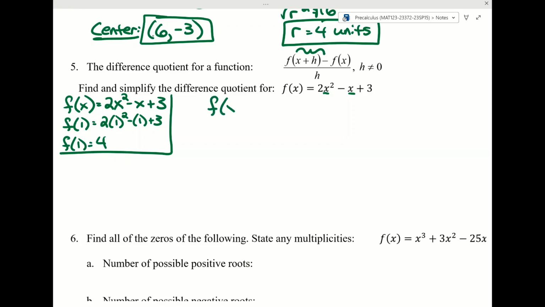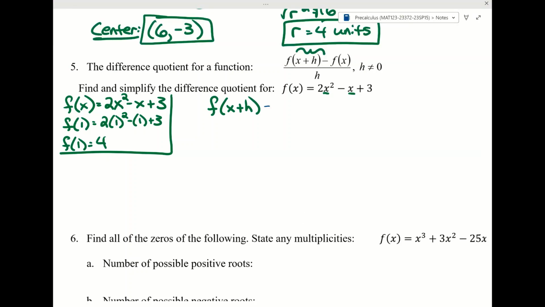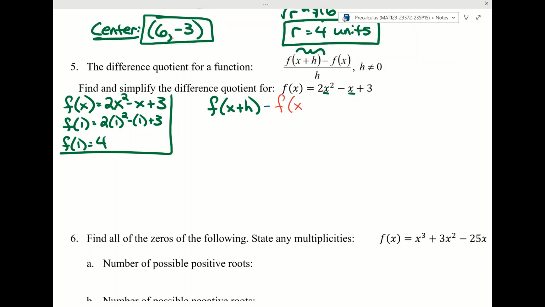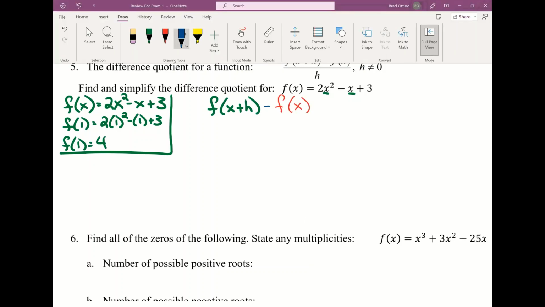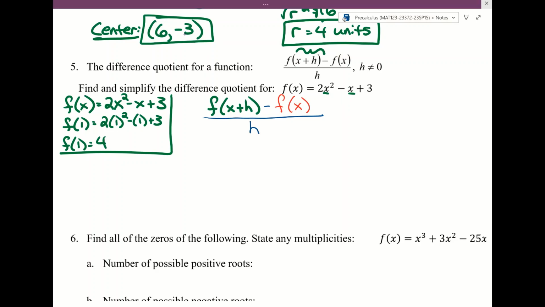We're going to write f of x plus h minus f of x, all divided by h. So I'm going to color coordinate everything so it makes as much sense as it could.